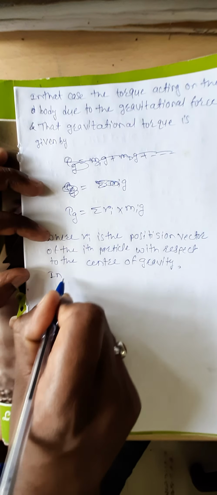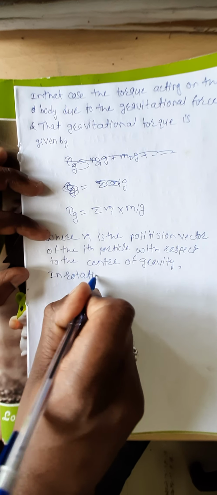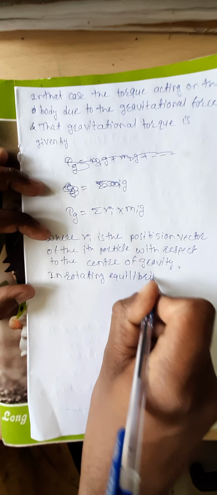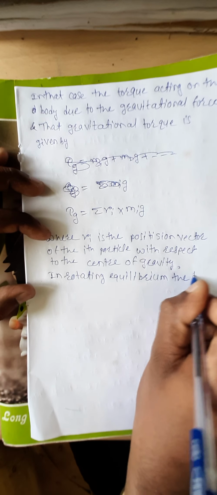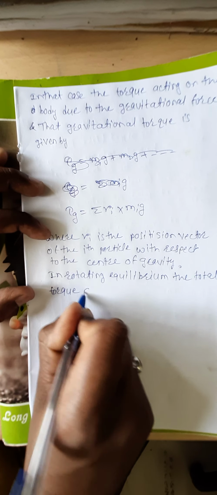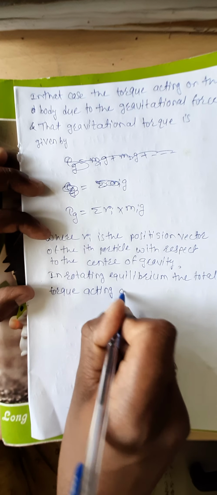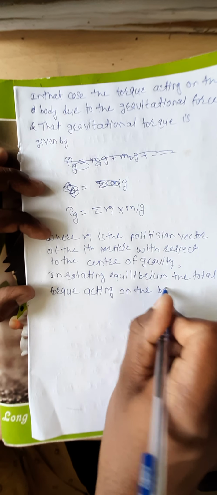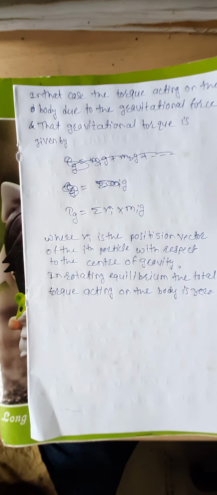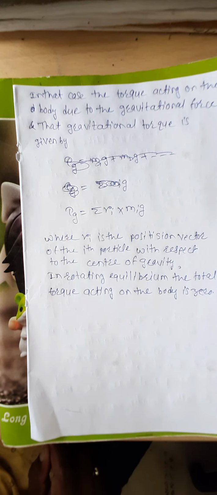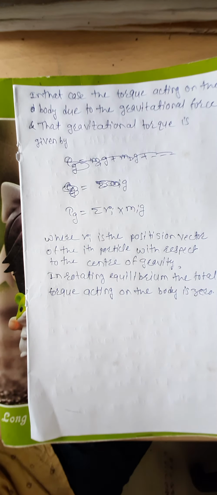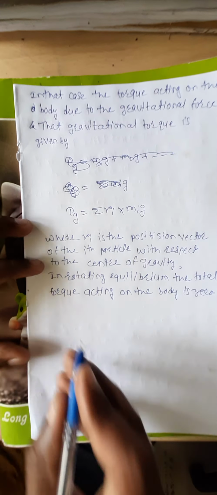In rotating equilibrium, the total torque acting on the body is 0. Means when the body is in rotating motion, the total torque acting on the body due to the gravitational force is 0.